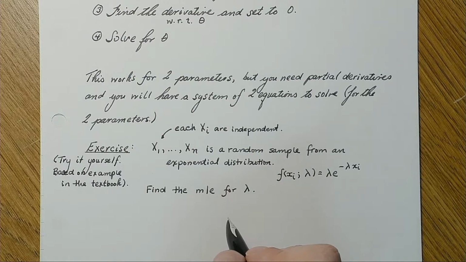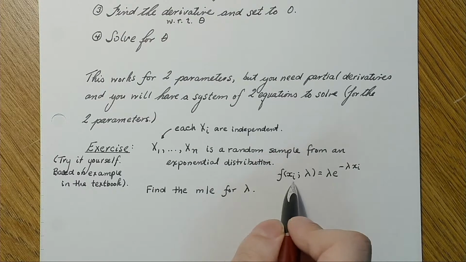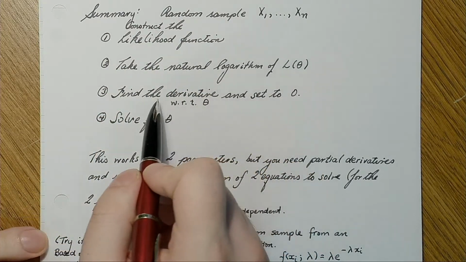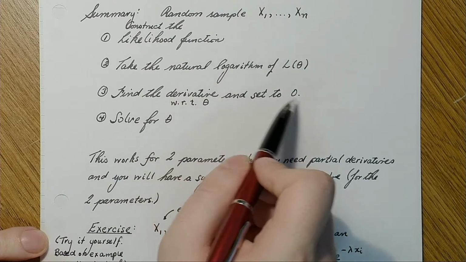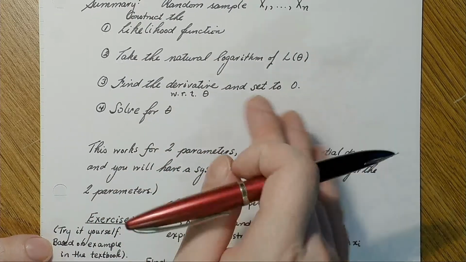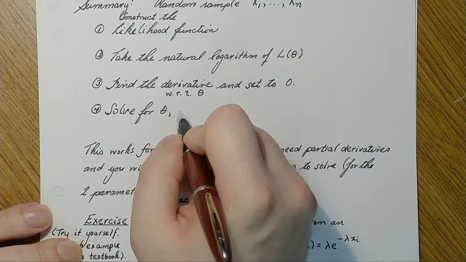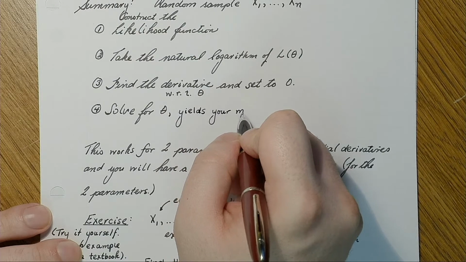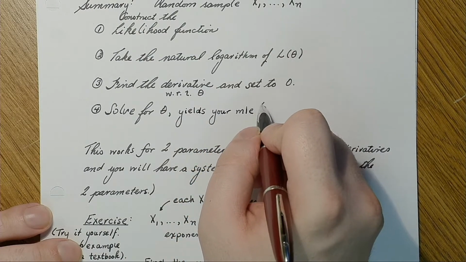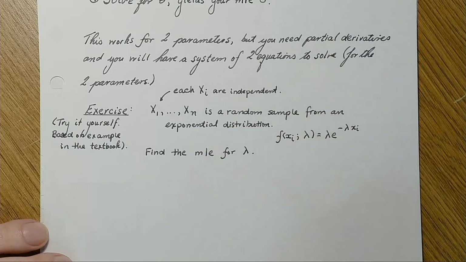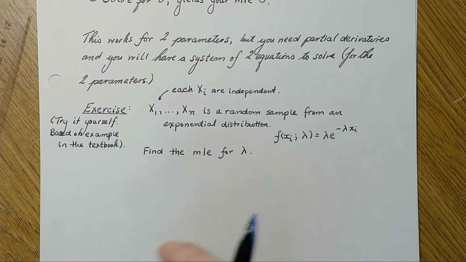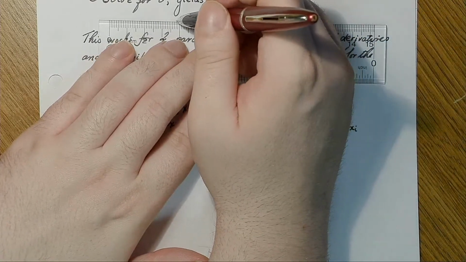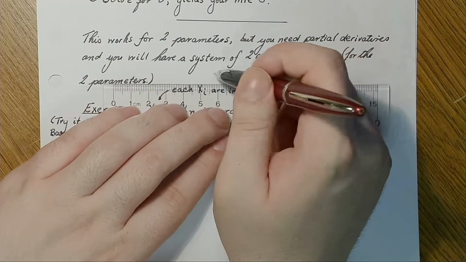And again, construct your likelihood function, take the natural logarithm of it, take the derivative with respect to the parameter and set it to 0, and then solve for your parameter. And that will give you your maximum likelihood estimator. Okay? So that's my summary right here. That's just kind of like a remark.